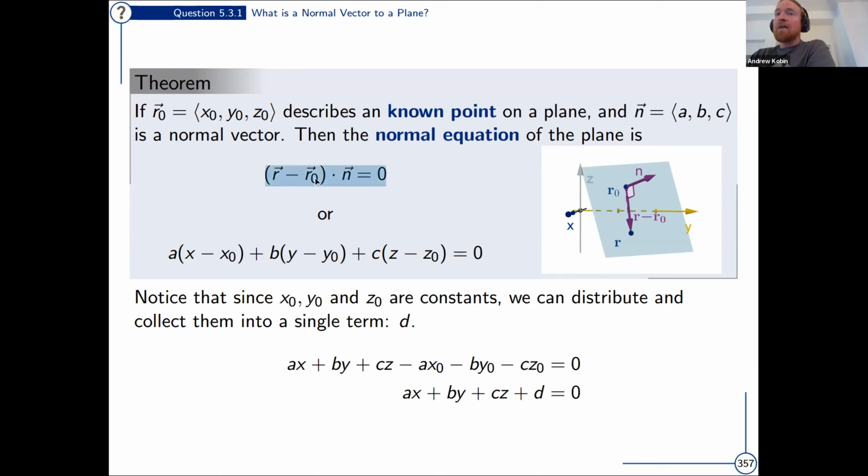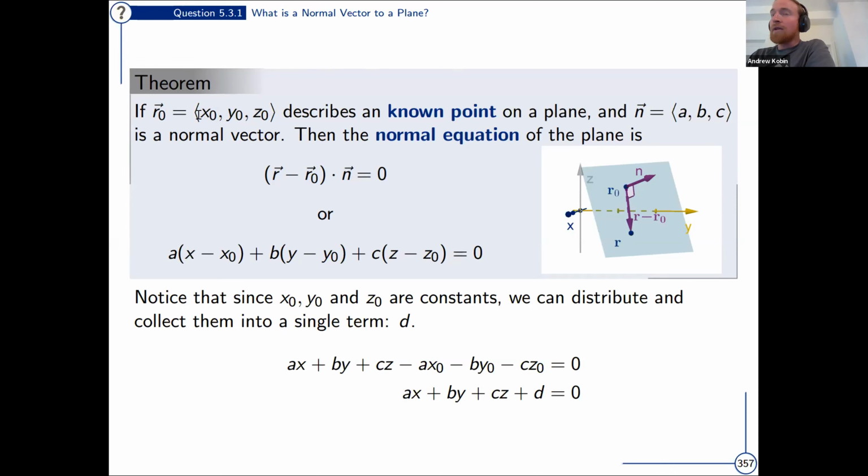So now let's take a step further back and ask how to write down any vector in the plane. Well, let's suppose we're already given a point. We're going to call that r0. And I'm writing this in the theorem using vector notation with angle brackets, but you should think of this as the tip of this vector, which is just a point in 3 dimensions with x0, y0, and z0 as its coordinates.